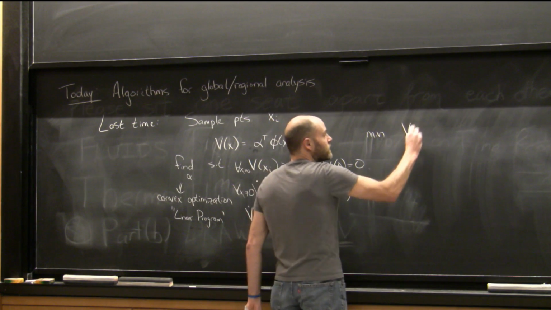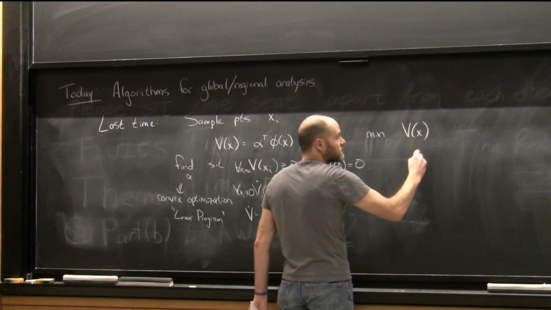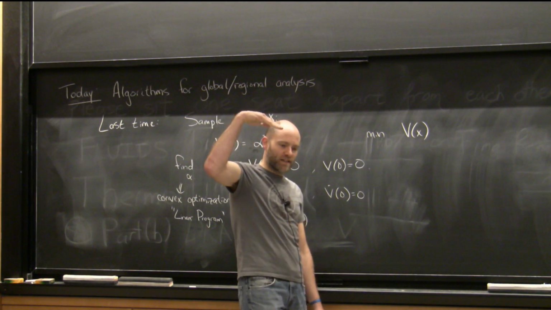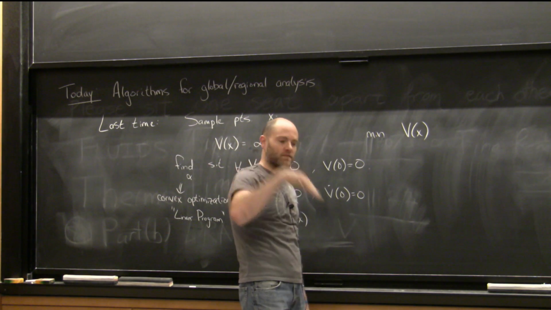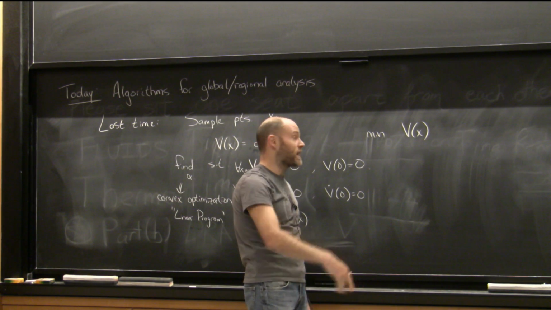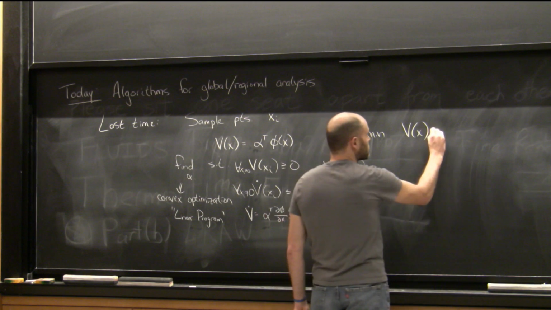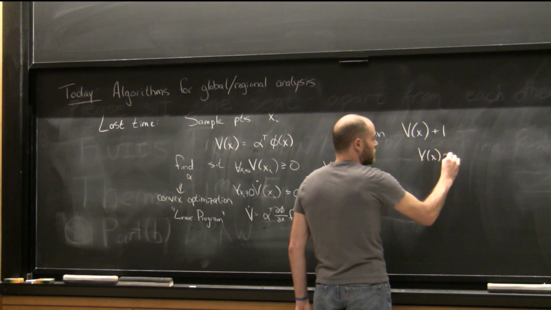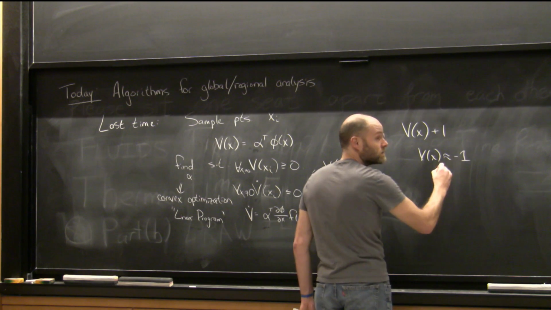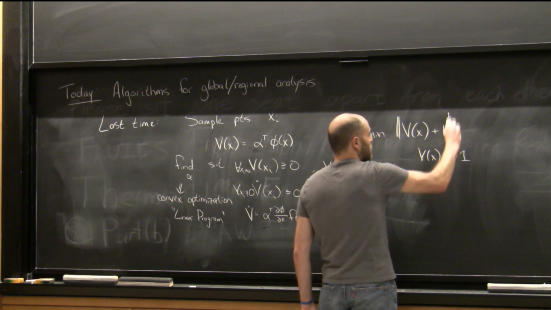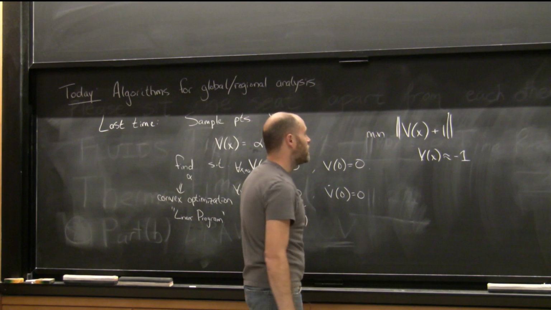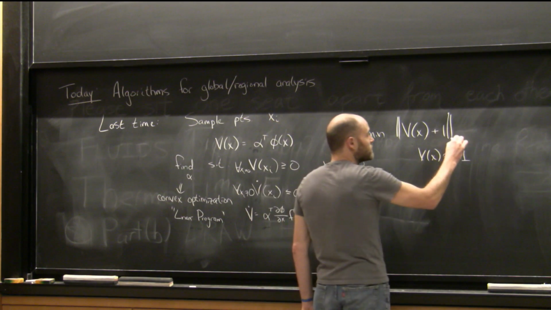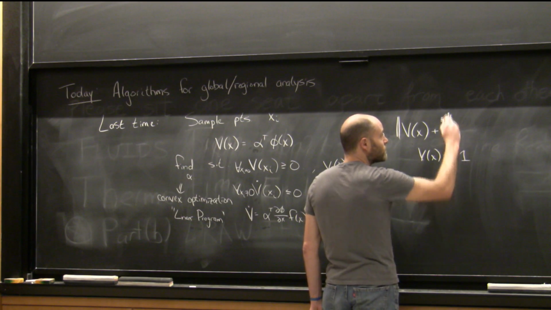minimize the difference between V of x and -1. So think of it as the cost-to-go being like going downhill for the minimum time problem. So I said V of x plus 1, which is equivalent to V of x. I want it to be around -1. So I added this as an objective. And then there's a question of, do you add it in the L2 norm or in the L1 norm?